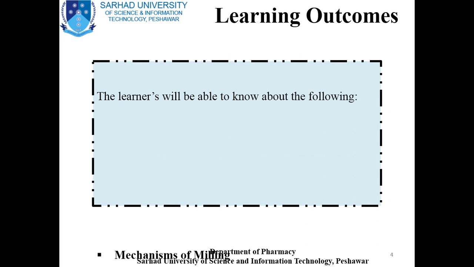Dear students, after the completion of this lecture, you will be able to learn about different types of mechanism involved in particle size reduction or milling, and these comprise four mechanisms: cutting, compression, impact, and attrition.